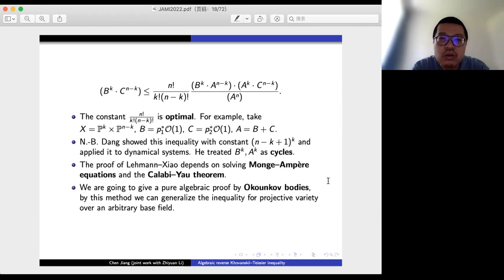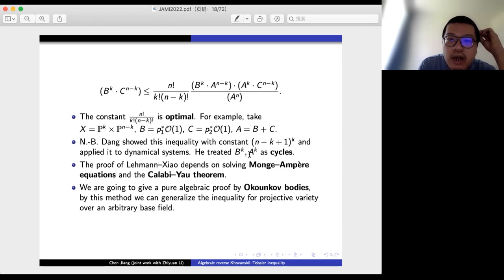So in this talk I'll explain the proof. The main ingredient is we use Okounkov bodies to translate this problem to the geometry of Okounkov bodies, and that allows us to prove it in the algebraic case, and actually over any algebraically closed field.